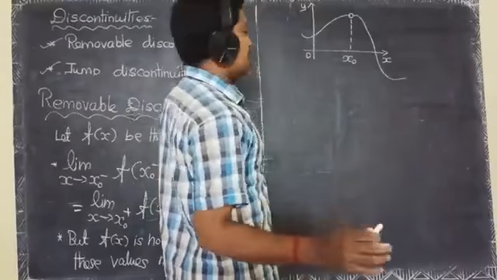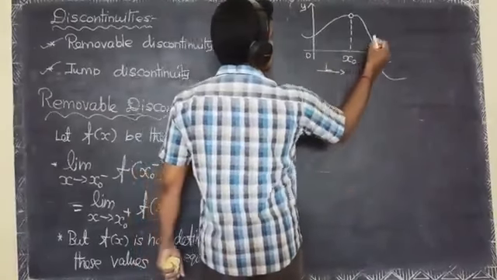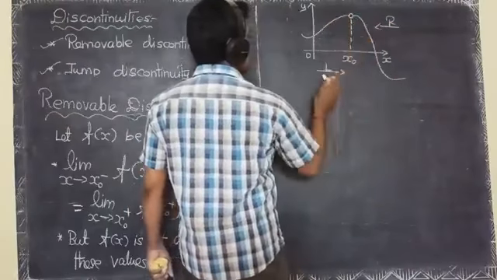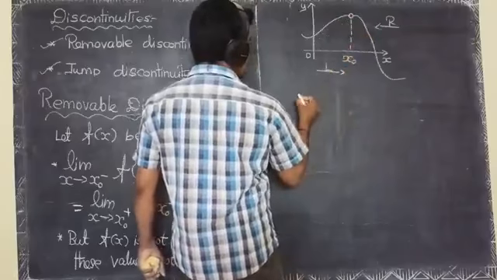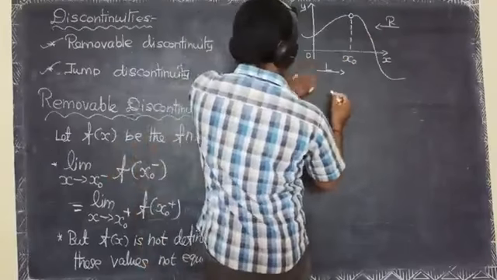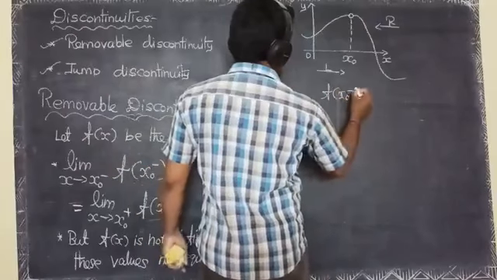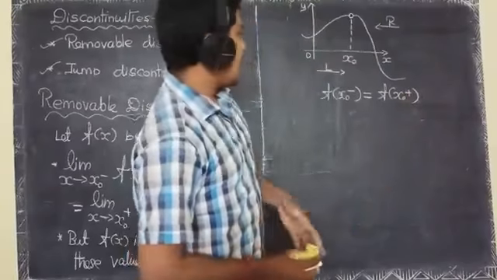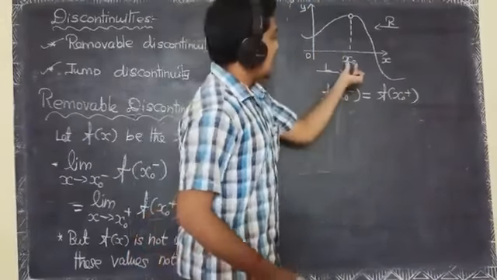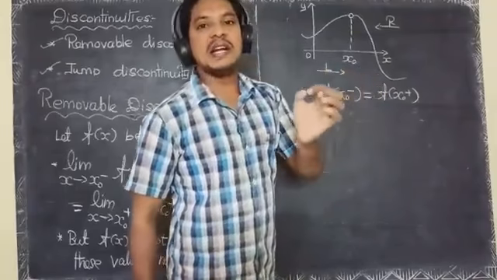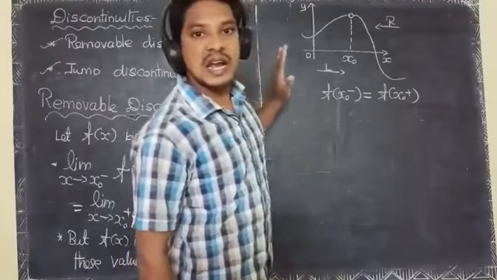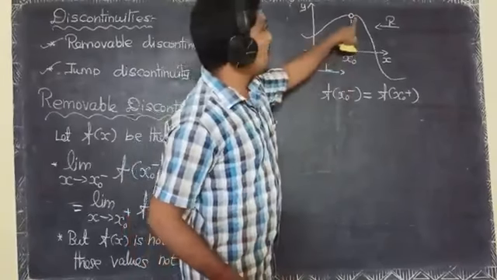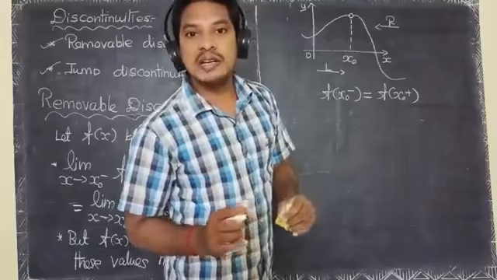Listen, this is the left approach, this is the right approach. Here the left approach and right approach are equal. f of x naught minus is equal to f of x naught plus, but at the particular point x naught the given function is not defined. Therefore the given function has a removable discontinuity.